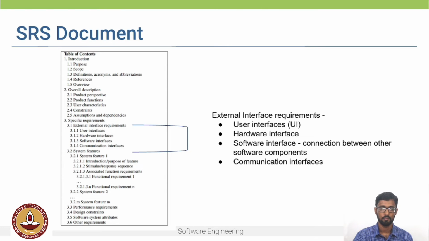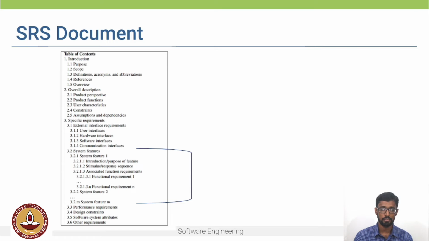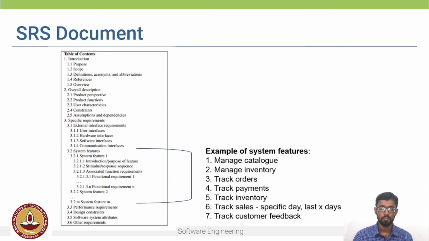Now, when we look at section 3.2, it outlines a broad high-level function which is known as a system feature and the corresponding functional requirements for each of these system features. So for example, taking the example of the Amazon seller portal, we identified several key requirements such as managing the catalog, the inventory, tracking orders, payments, and all of those things.